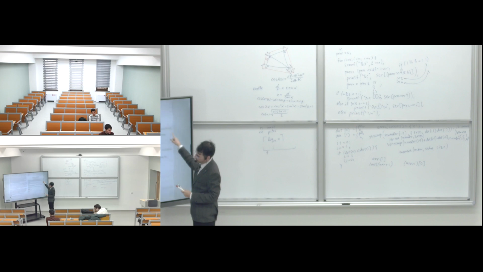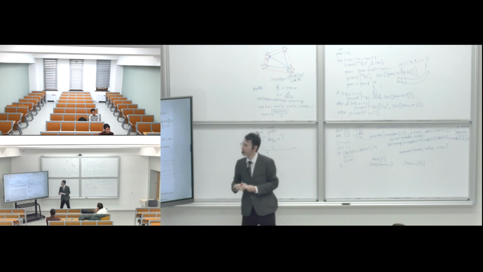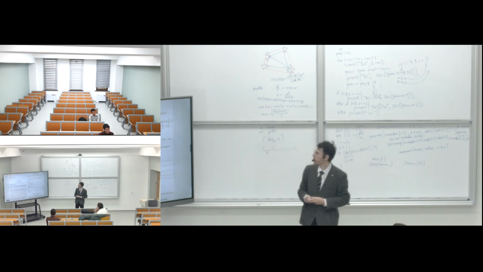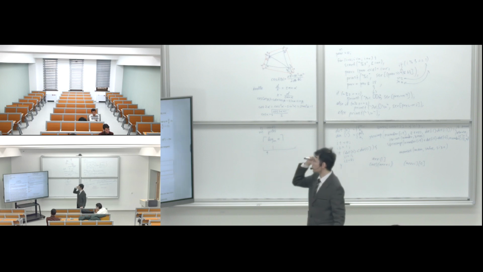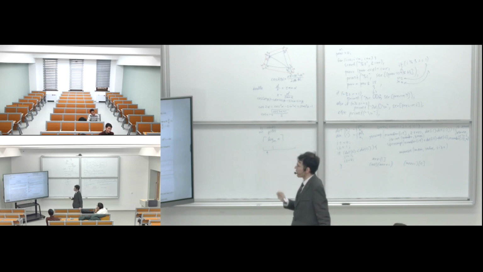So, next question was Ginger's number. We are given two positive integers x and y, and you need to select two positive integers a and b so that x divided by a and y divided by b are co-prime. So the question is to find the smallest value of a times b. Not a plus b, not something like that. So the solution is very simple.